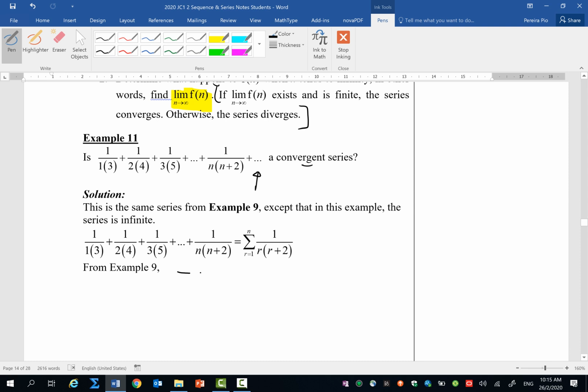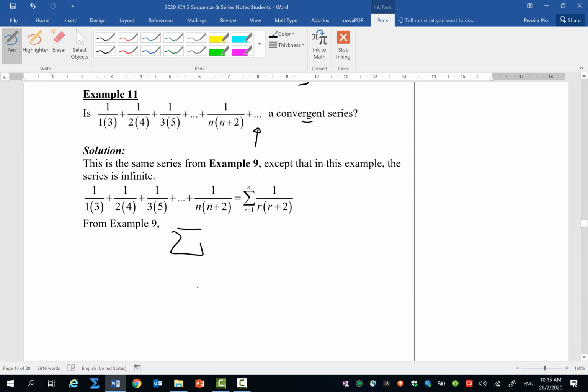I do know that from example 9, this series from r equals 1 to n of 1 over r plus 2 is 3 over 4 minus 2n plus 3 over 2. I'm just copying it down because we need this first. This is basically the result from example 9.